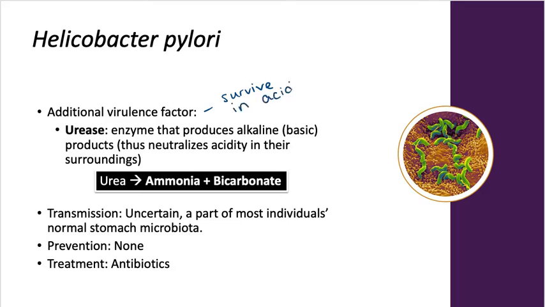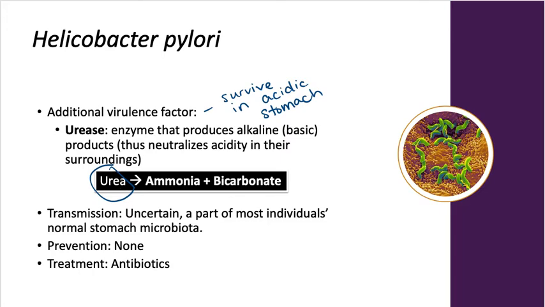And so what it does to help survive in this acidic stomach is it breaks down a compound called urea, which is naturally found in our blood. It gets exported in the kidneys, in urine, and excreted out of the body, but there's always a small bit of urea in our bloodstream.